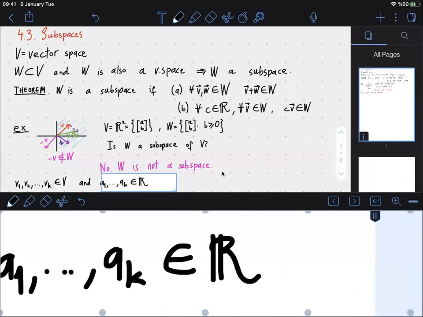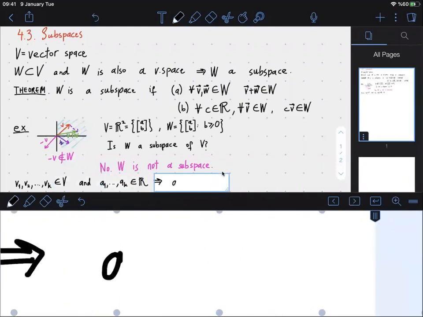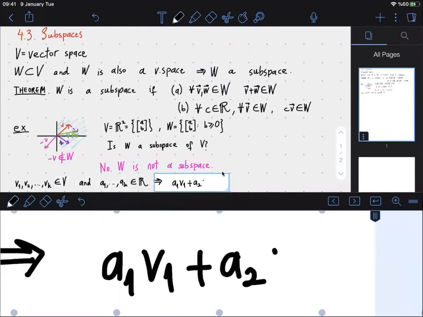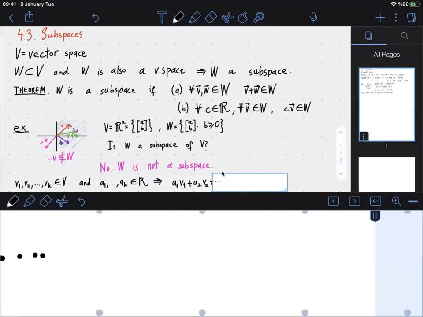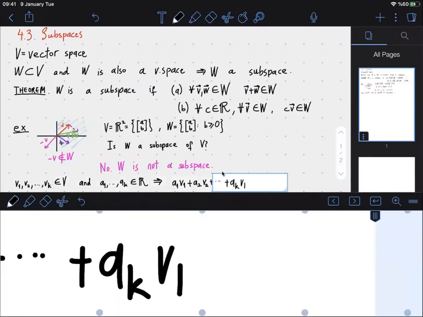Then what did we define? Our definition was this: a1v1 plus a2v2, taking the product of the scalars with vectors, plus up to akvk.